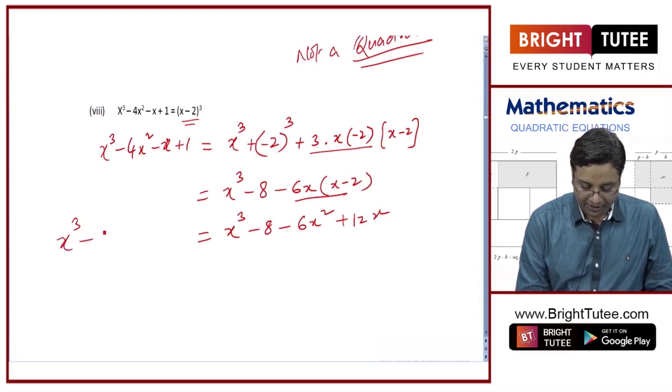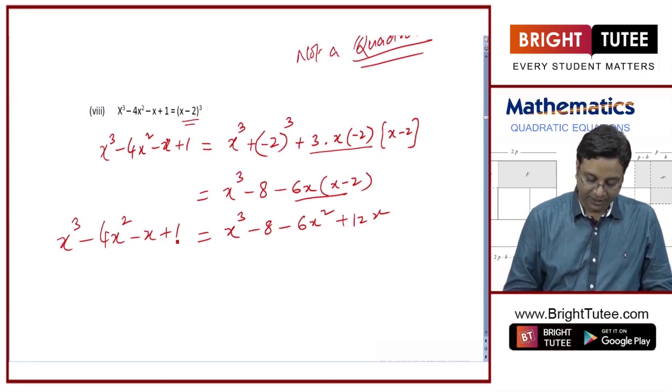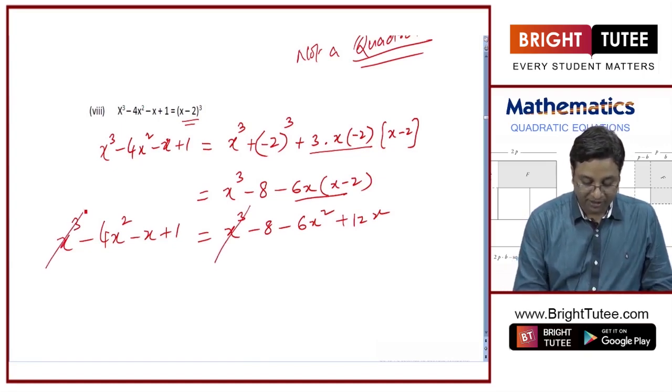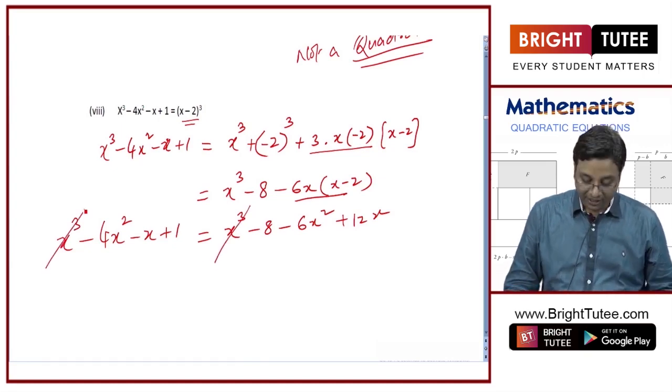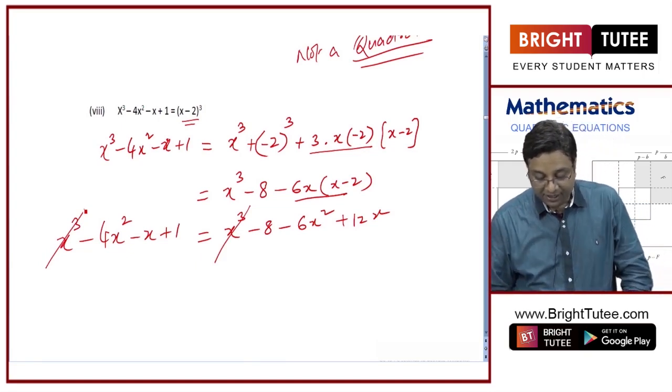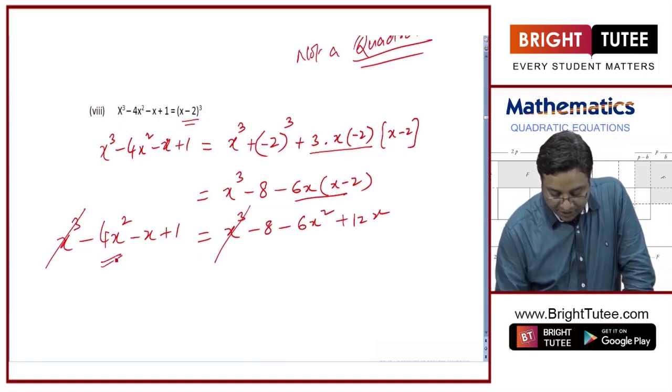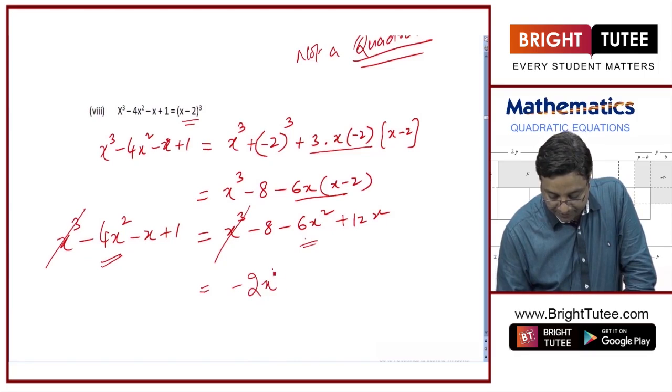On left hand side, I have got plus 1. So now you see cubic term gets cancelled here. And let us see whether we are left with any square term. When I take this 4x square here on right hand side, it will give me minus 2x square.